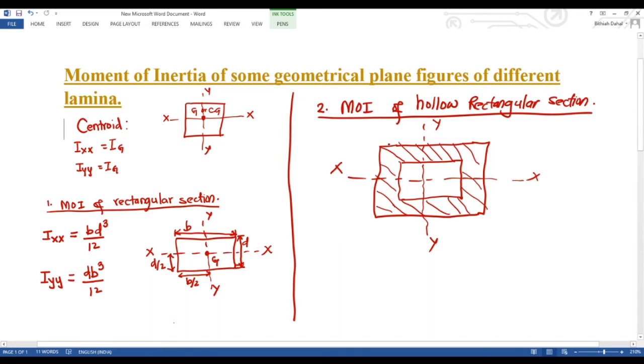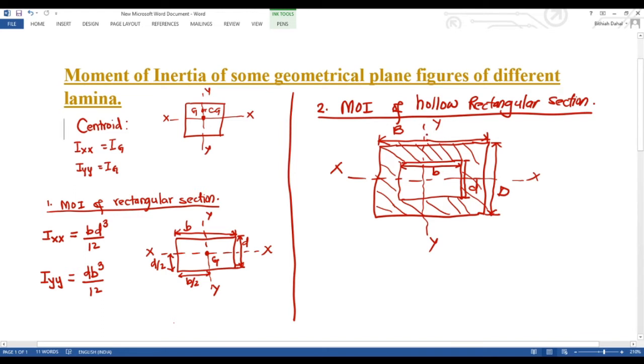Now let this be the outer rectangle, and let this width be capital B and its depth be capital D. Similarly, let this be the width of the inner rectangle, small b, and its depth be small d.